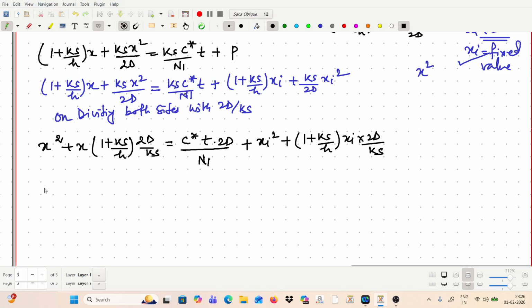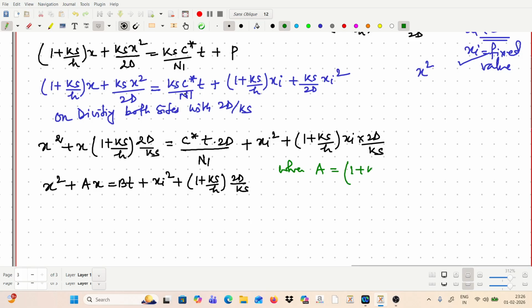Now for simplification, we can write this as x square plus a x equals bt plus xi square plus a xi, where a is simply 1 plus ks by h into 2d by ks, and b equals this b.